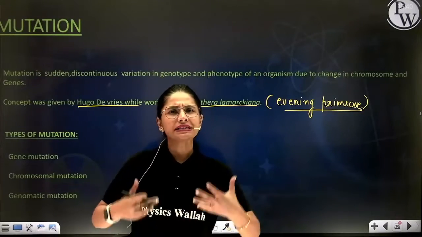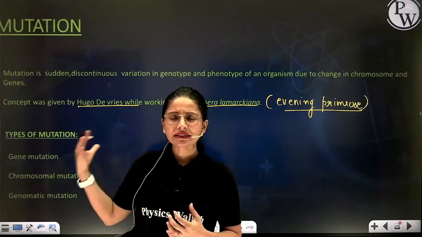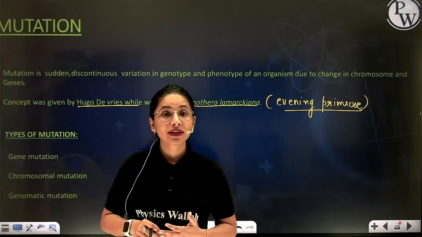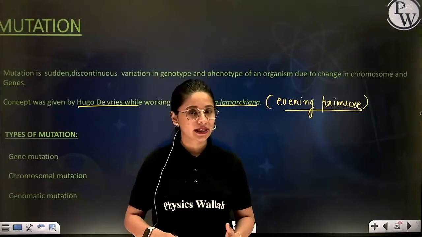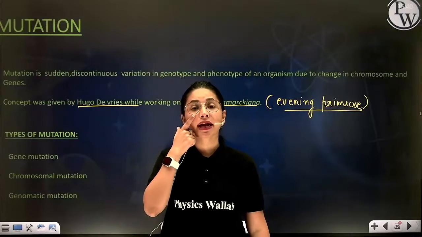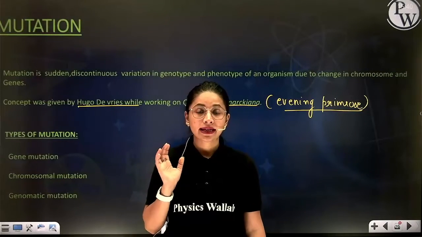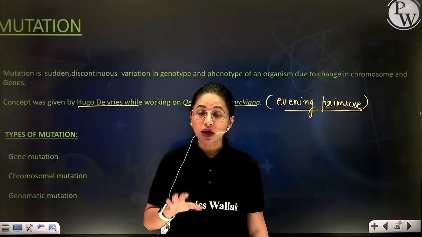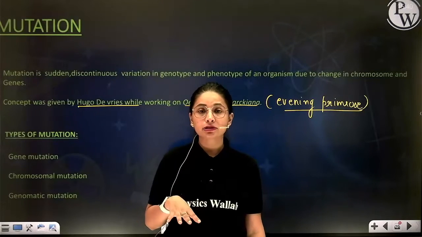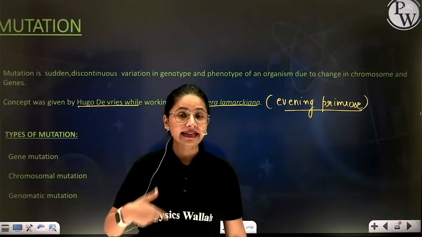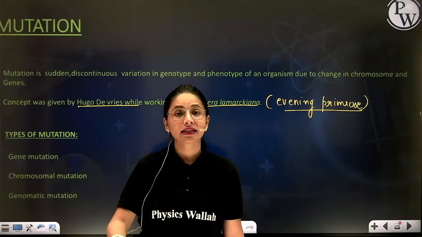Now, what is this mutation? What does the term mutation mean? Mutations are basically sudden changes in the genotype and phenotype of an organism. They are discontinuous. Why discontinuous? Because it is not necessary that if one thing is present in the parent, the same change is going to reflect in the next generation.